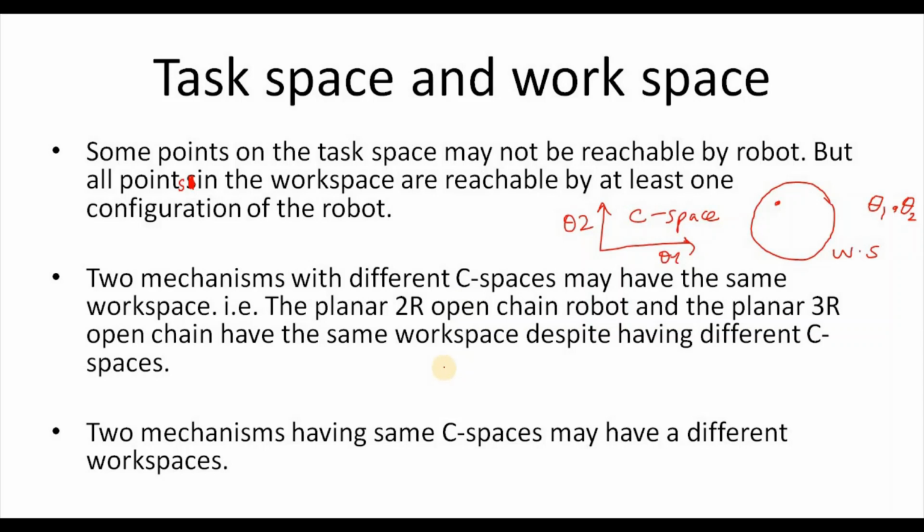One example can be a circular workspace, achievable by a two-link robot, where the total distance from the center to the end effector is 3. Its configuration space is two-dimensional, θ1 and θ2.